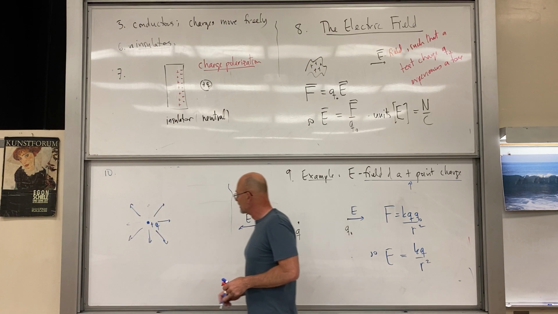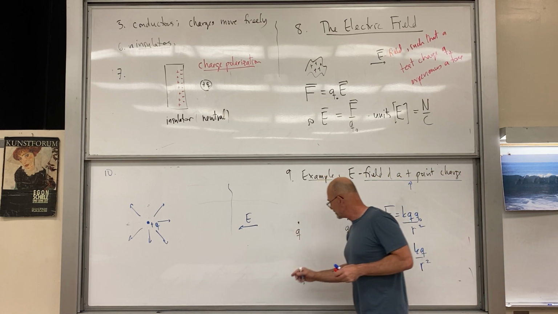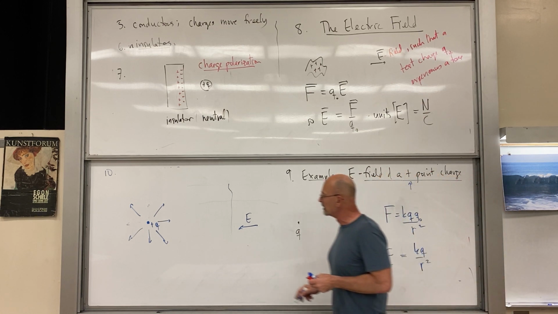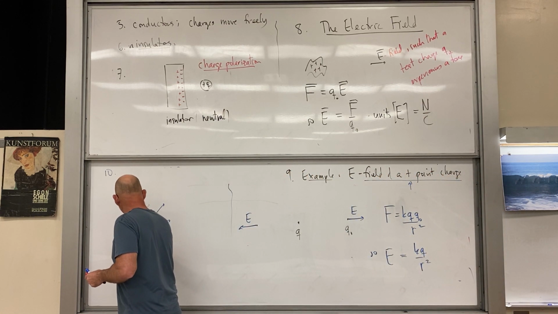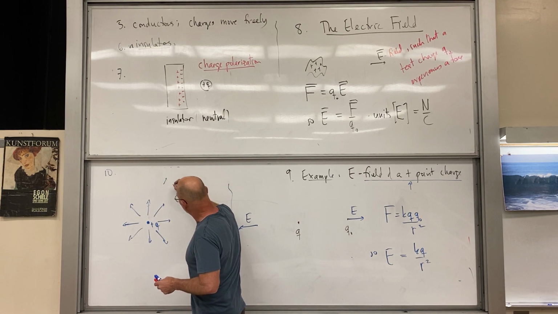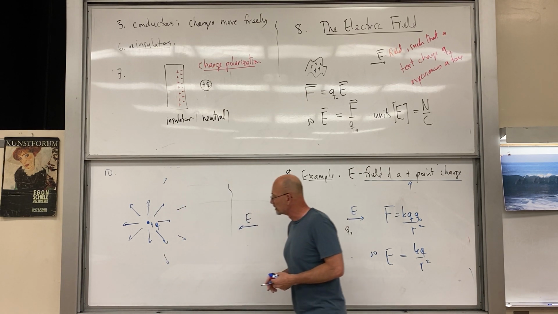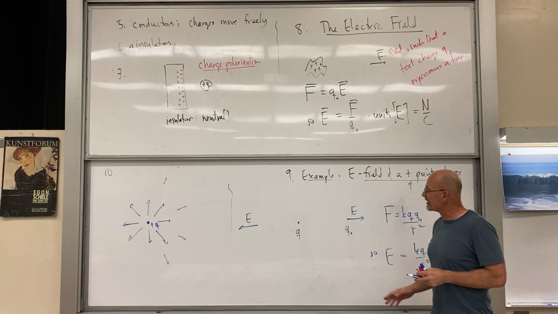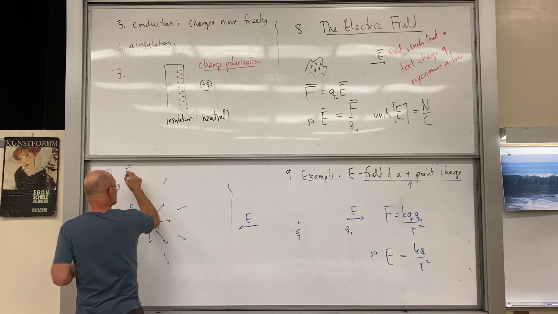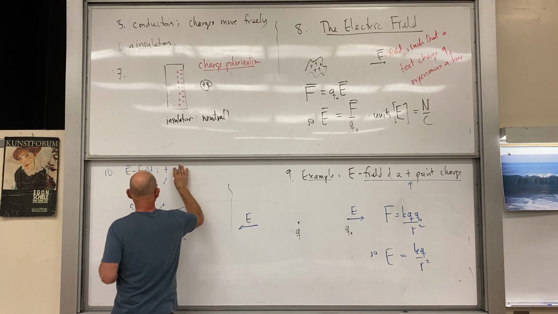Now, do the arrows get longer or shorter at the greater distance? Well, 1 over R squared is the law, right? So they get shorter. If I've got arrows of a certain length at a certain distance here, then when I'm further away, they're shorter. Okay. So good, radially outward. Let's go ahead and label this: E field, electric field, positive point charge.